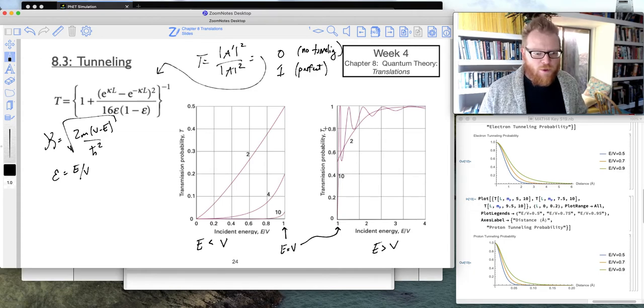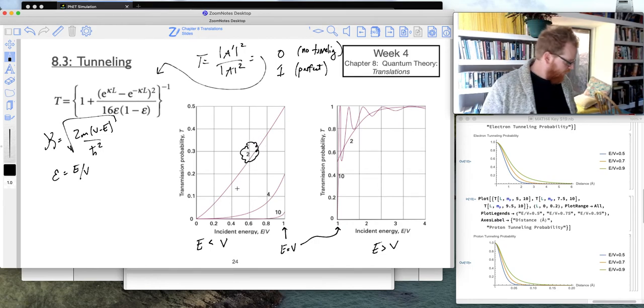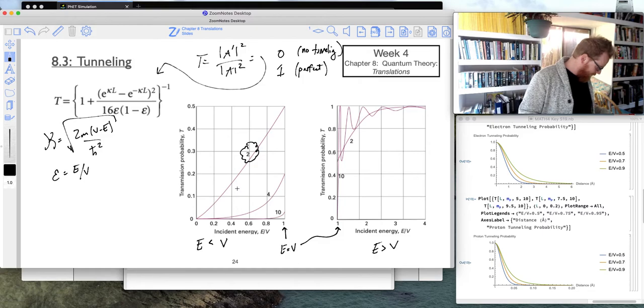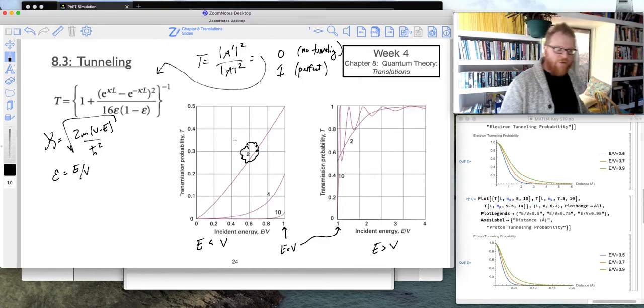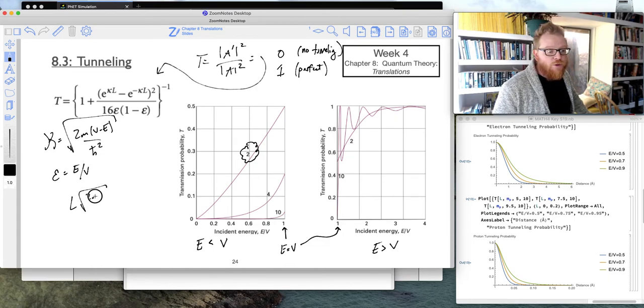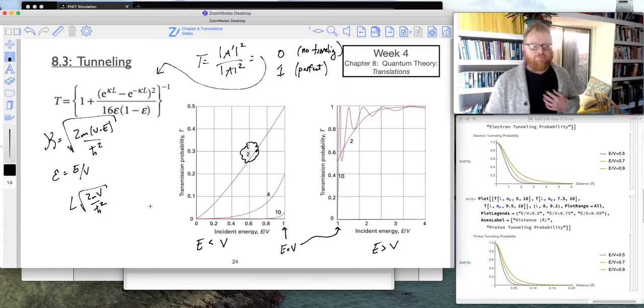And so what do we have going on? There's also these numbers, okay? And those numbers have the value of L times the square root of 2mV over h bar squared, okay?